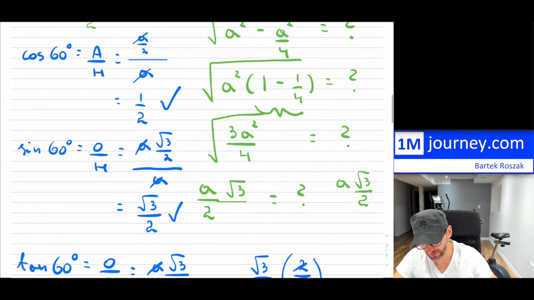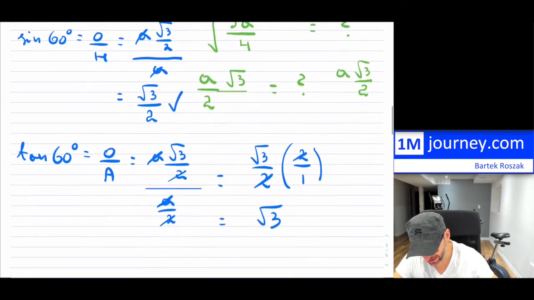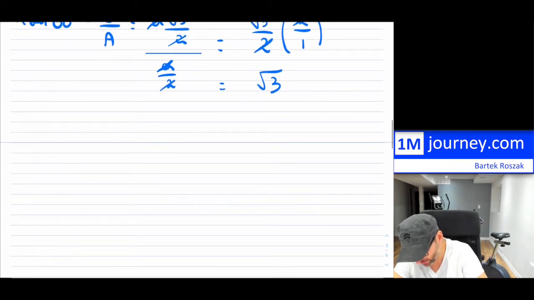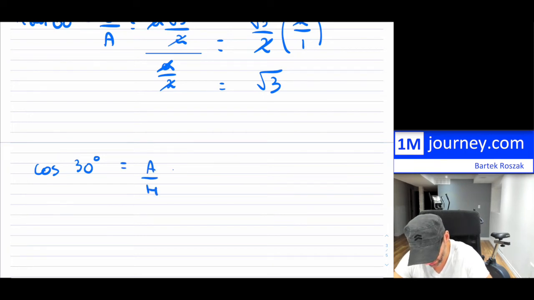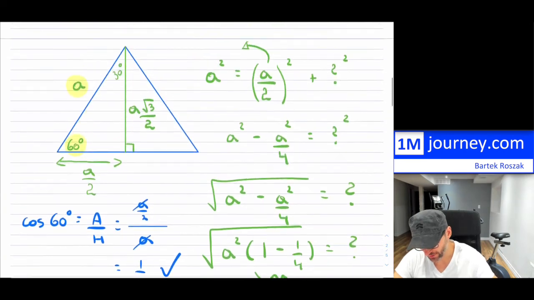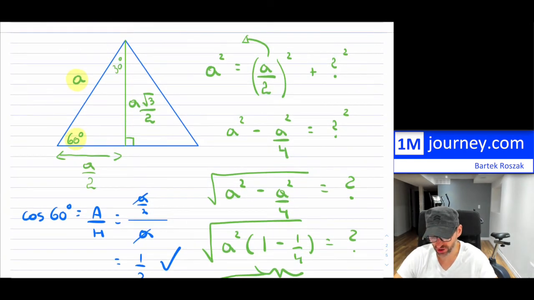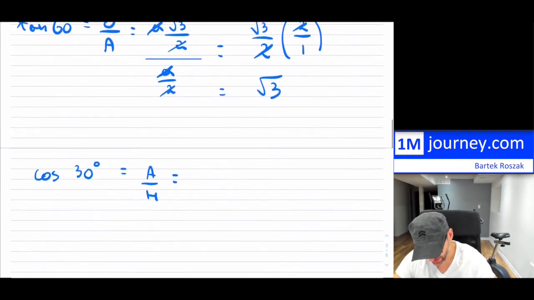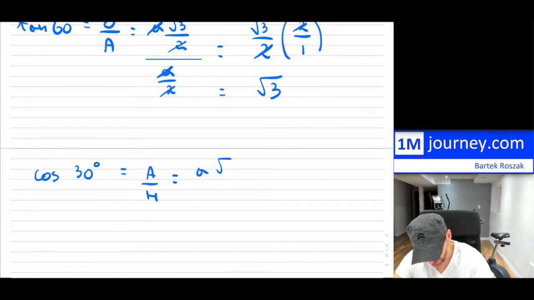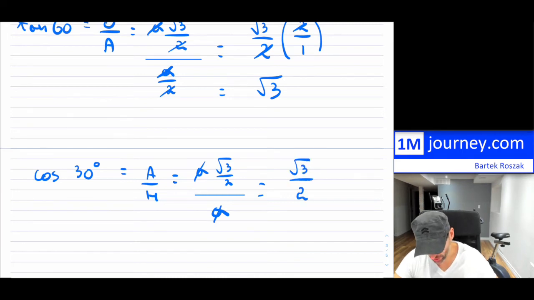Now, what about 30 degrees? If I say cosine of 30 degrees, what is this equal to? It's adjacent over hypotenuse. In this case, adjacent is a square root of 3 over 2, divided by the hypotenuse, a, so the a's cancel, and it gives me square root of 3 over 2.